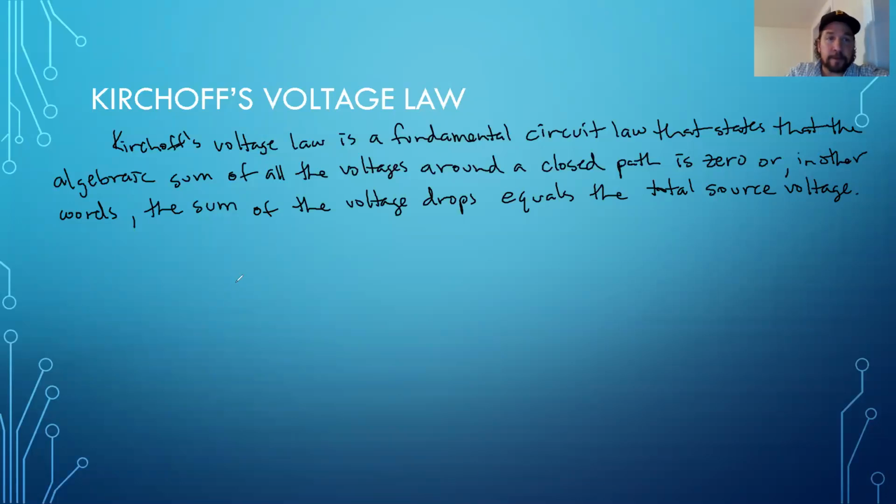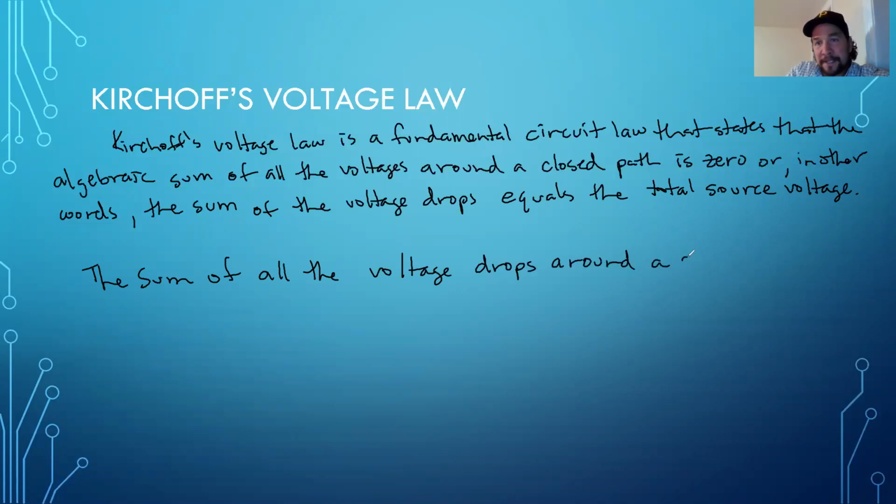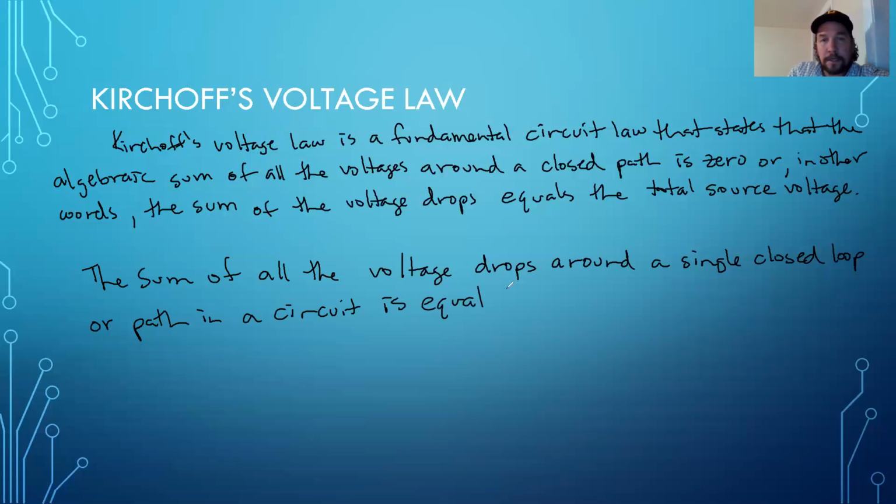So another way of saying it is the sum of all the voltage drops around a single closed loop or path in a circuit is equal to the total source voltage in that loop.